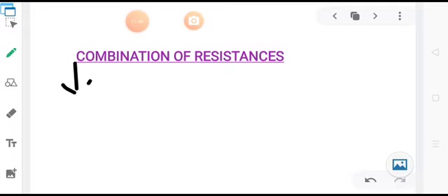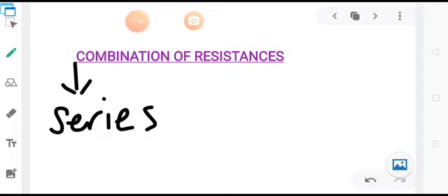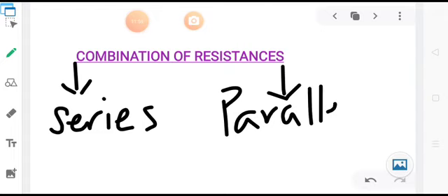The first one is a series combination, and the second one is a parallel combination. So in two ways we can connect the resistors in any circuit: series combination and parallel combination. So one by one let us study about the manner in which resistors will be connected in series and in parallel.